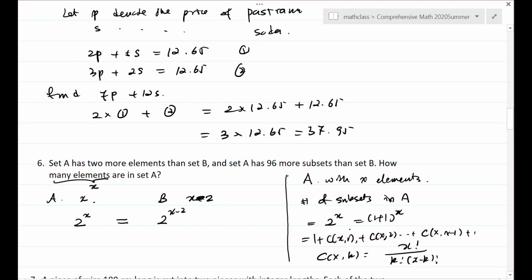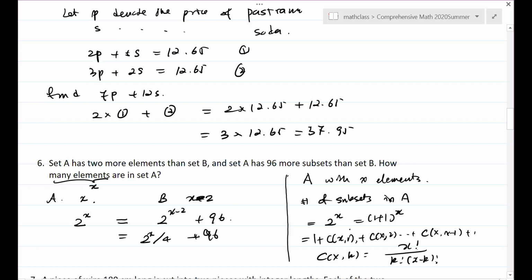So actually, you are going to solve this equation. Wow, how do you solve it? You cannot just guess and try. The key point is that 2 to the x minus 2 should be viewed as 2 to the x divided by 4.